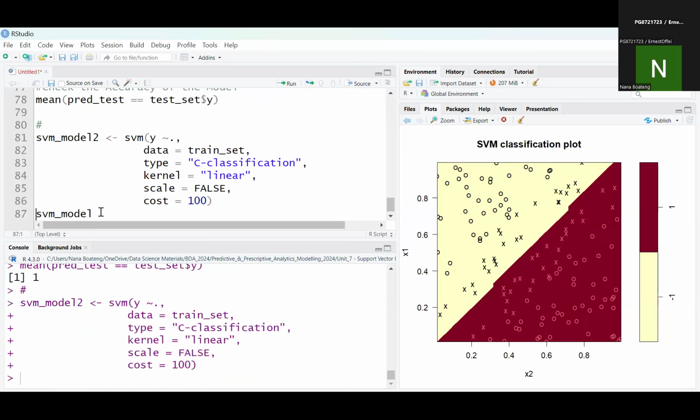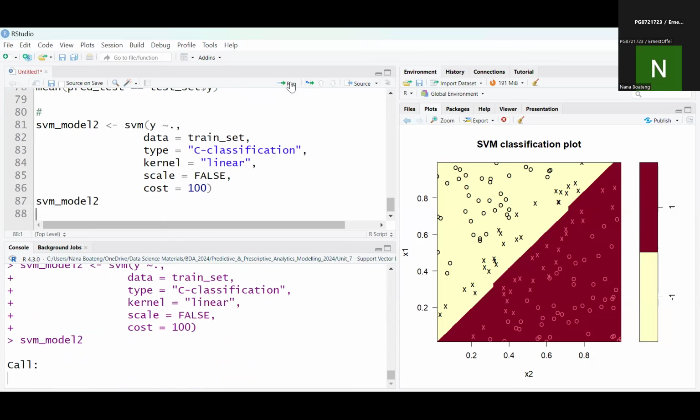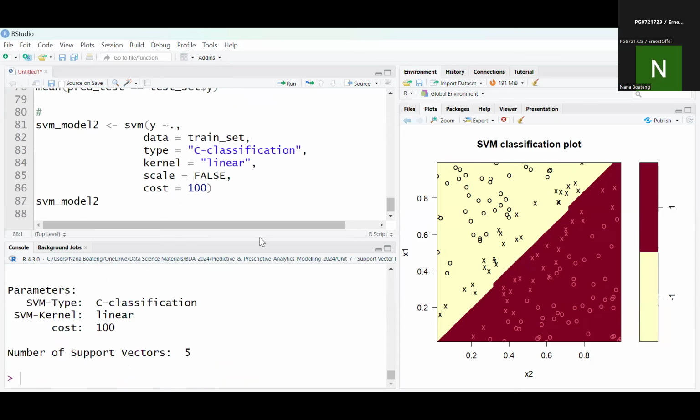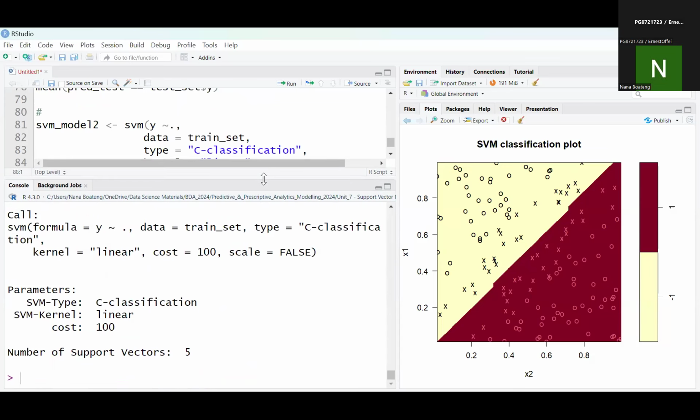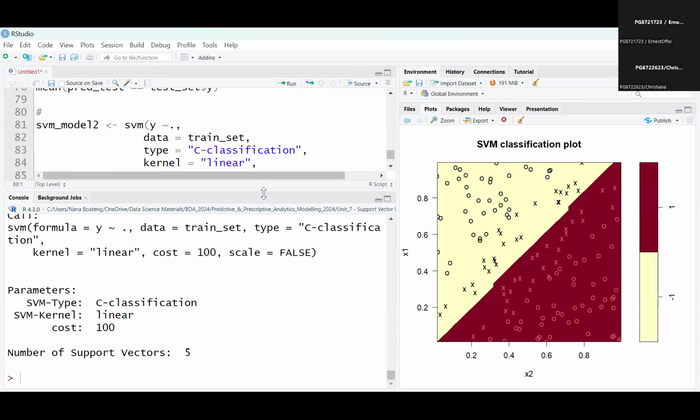Also support vector 2. Do you see any difference? Yes, sir, the support vectors are drastically reduced. Good. So it has in itself the mechanism to reduce the support vectors.